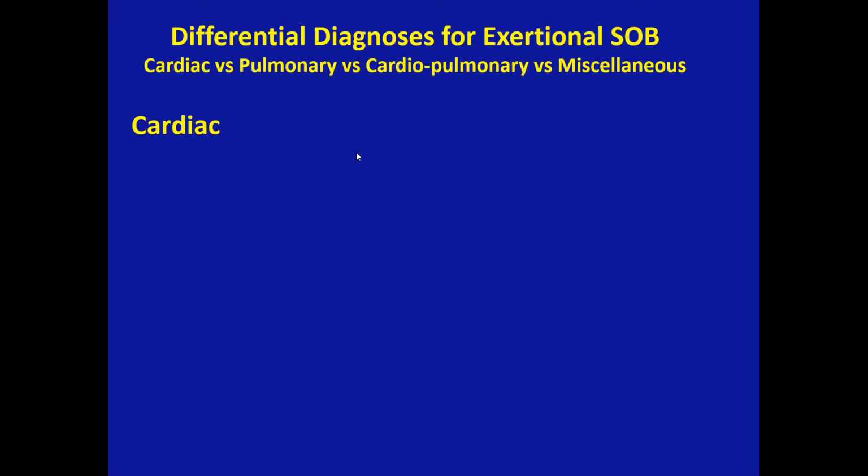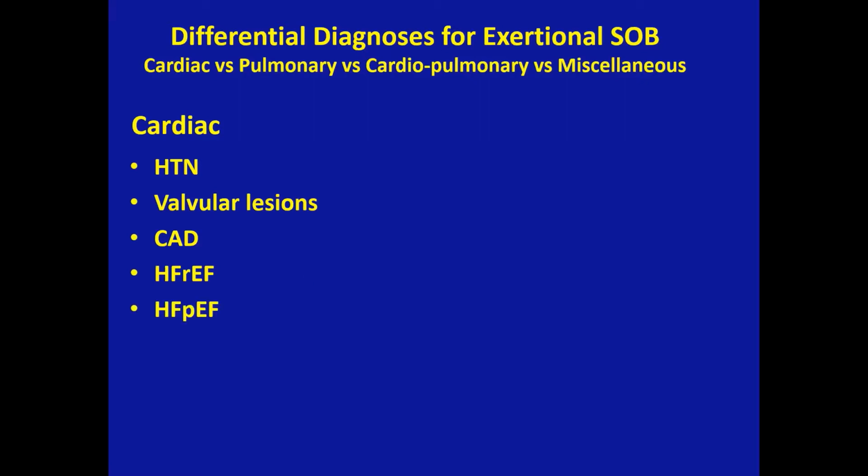The cardiac causes would be hypertension, valvular lesions, coronary artery disease, heart failure with reduced ejection fraction, heart failure with preserved ejection fraction, hypertrophic cardiomyopathy, infiltrative cardiomyopathy, by which I mean amyloid or sarcoid, anything that causes infiltrative cardiomyopathy, myocarditis, pericardial diseases.